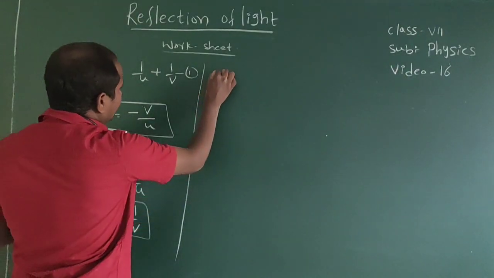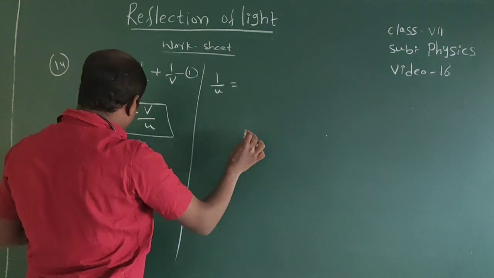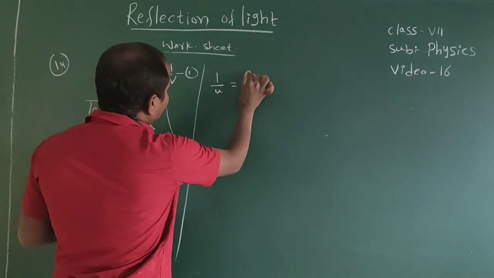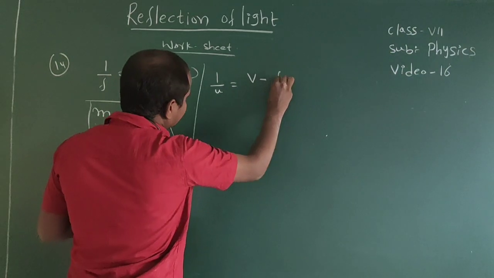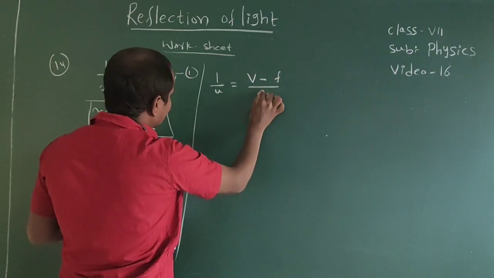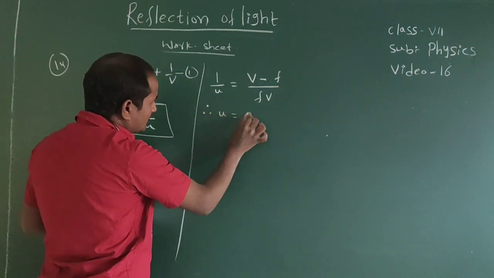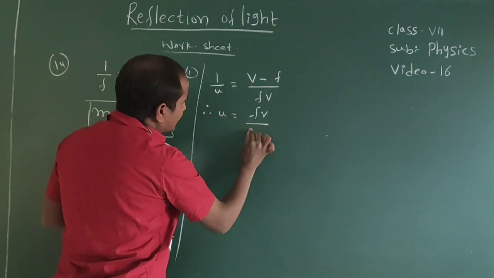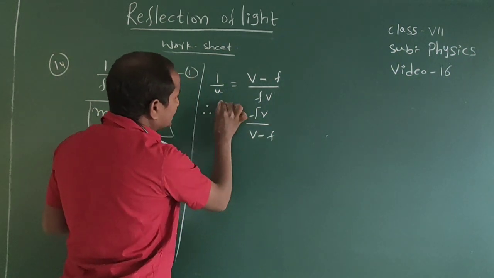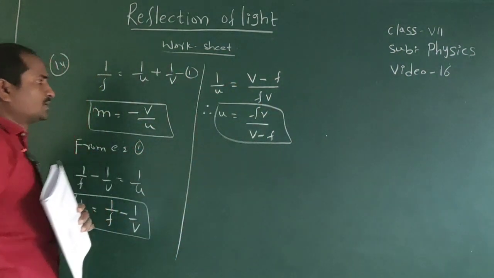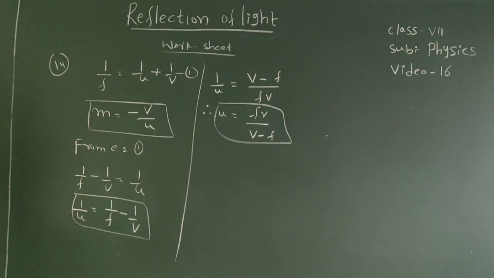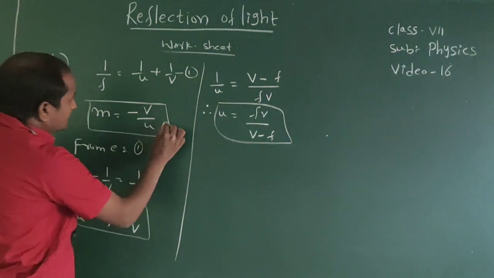So 1 by u equal to v minus f by f into v. Therefore we can write u equal to f into v by v minus f.